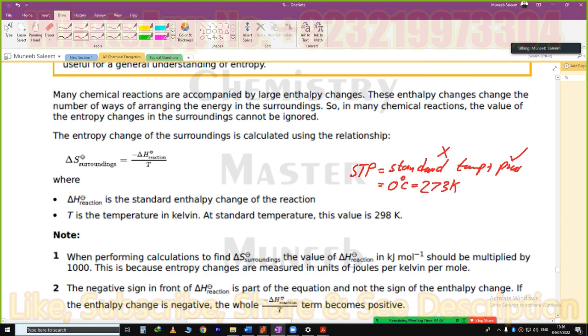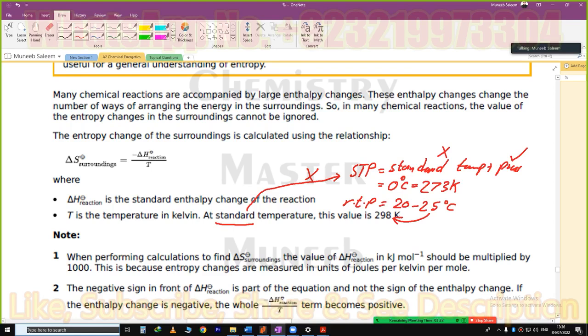Standard temperature is equivalent to 0 degrees centigrade, which is equal to 273 Kelvin, and room temperature and pressure is equivalent to 20 to 25 degrees centigrade. This 25 degrees centigrade is equivalent to 298 Kelvin. So do not confuse yourself that standard means STP. No, it doesn't mean that.